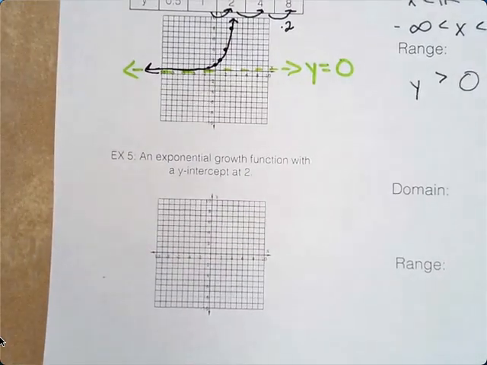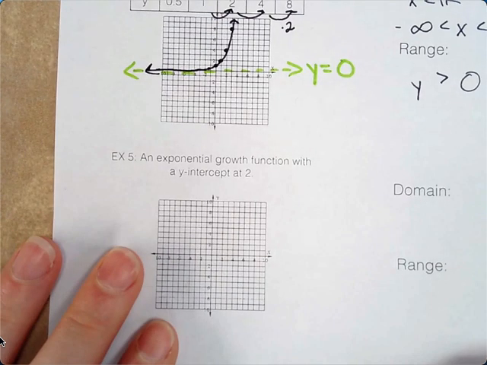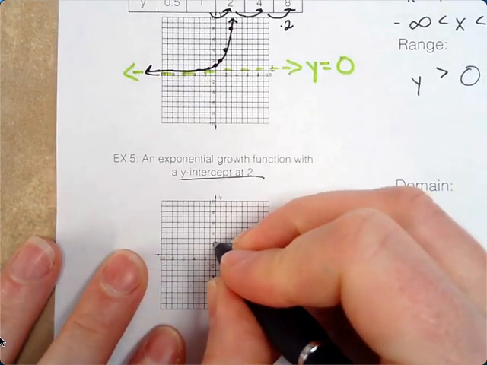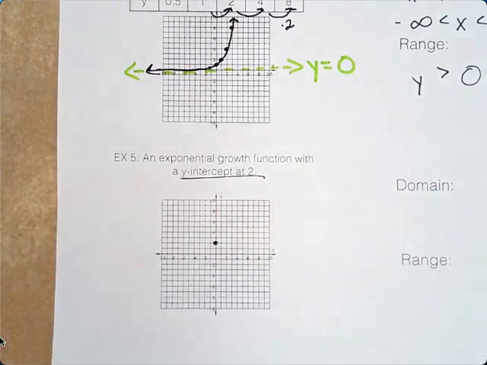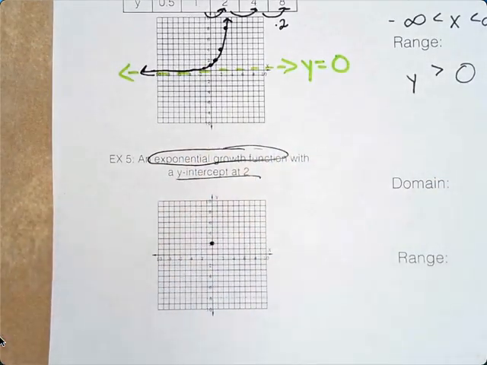Number 5, an exponential growth function with a y-intercept at 2. Okay, so we only know it's a y-intercept at 2, so let's draw the 2. Draw the point at 2, the y-intercept. And then what does that mean, exponential growth function? How is it going to look?